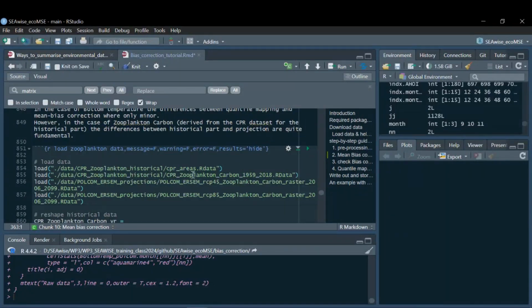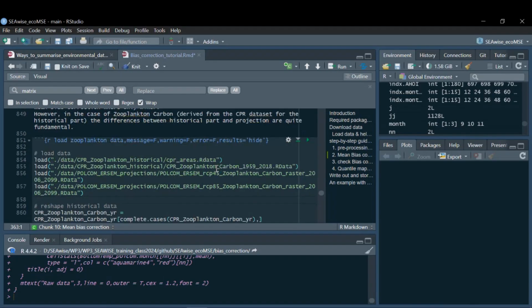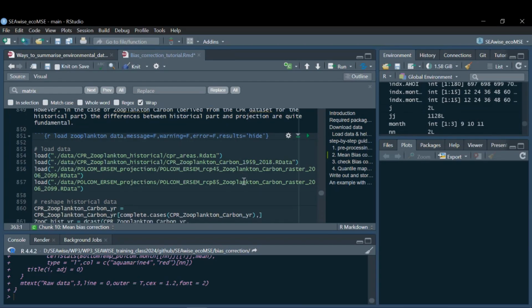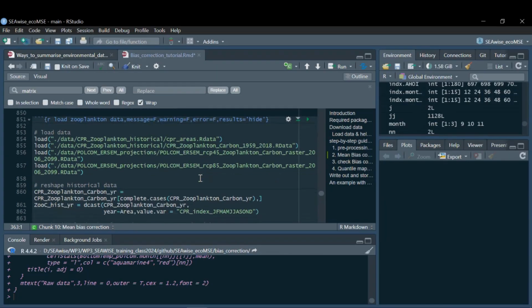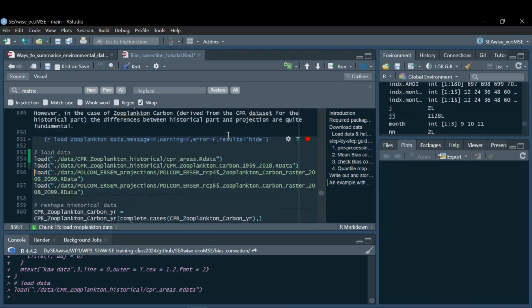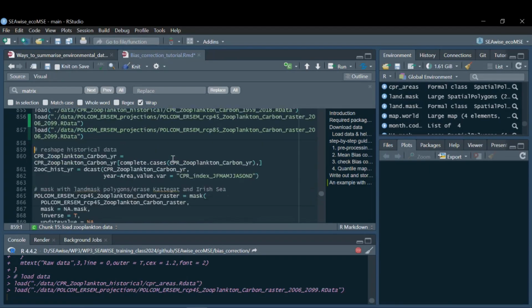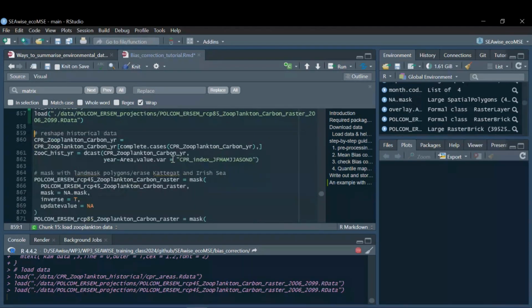And I calculated a specific index here, zooplankton carbon, trying to match what I have available for the projection, because in the Polcoms-Ersem data, you only have zooplankton carbon available and some specific functional groups. But I thought zooplankton carbon in the aggregated index might make sense. So we load this now in and reshape the historical data a bit.